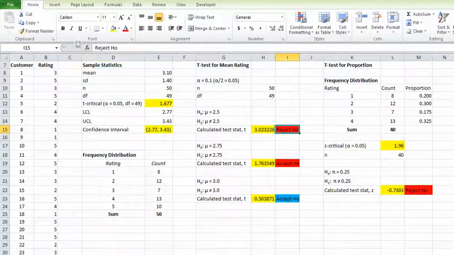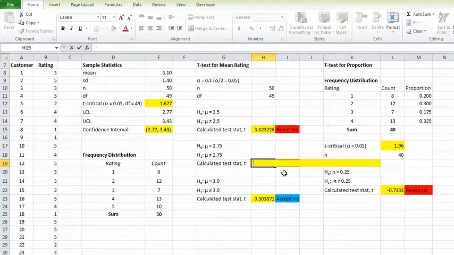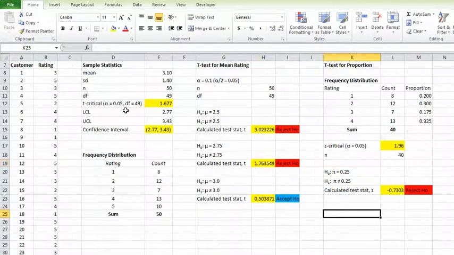Sorry about that. Let's copy that and put it down there. Yes, because we are outside of our critical value, we must reject the null hypothesis. We don't think that the true mean is 2.75, not based on our statistics.